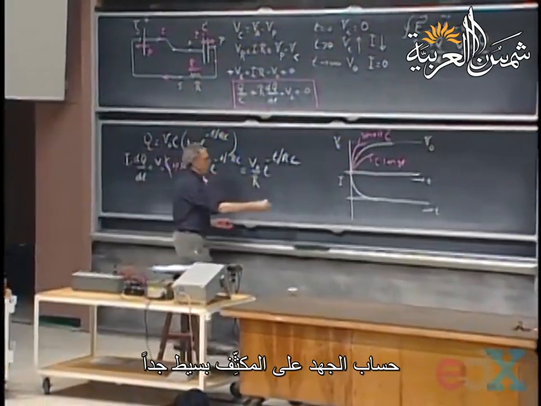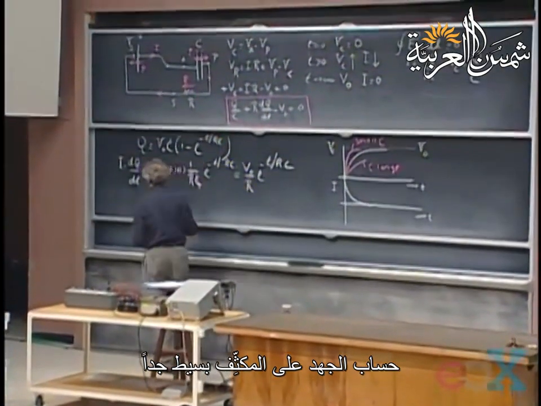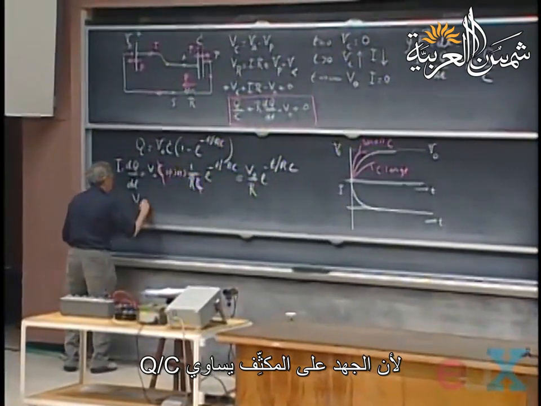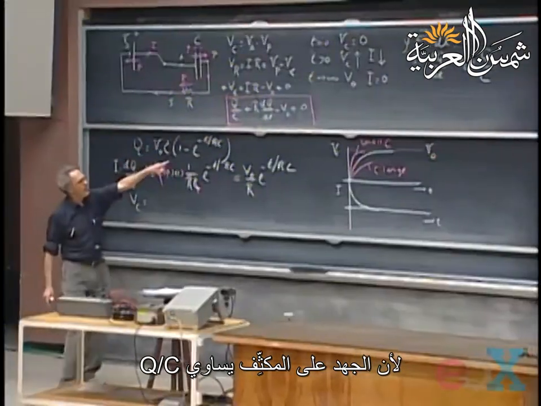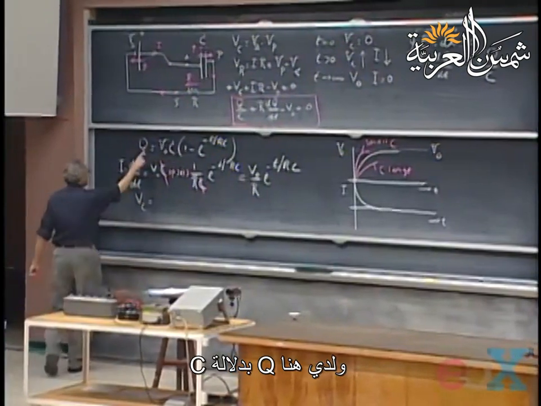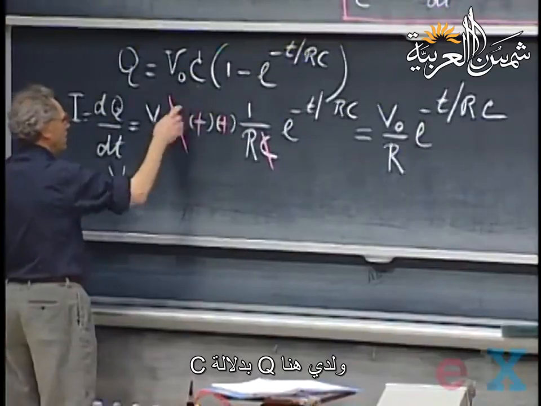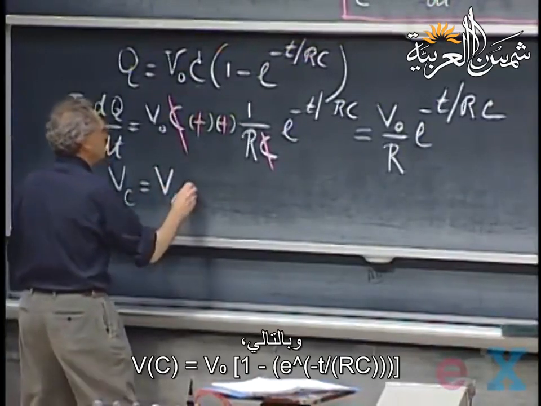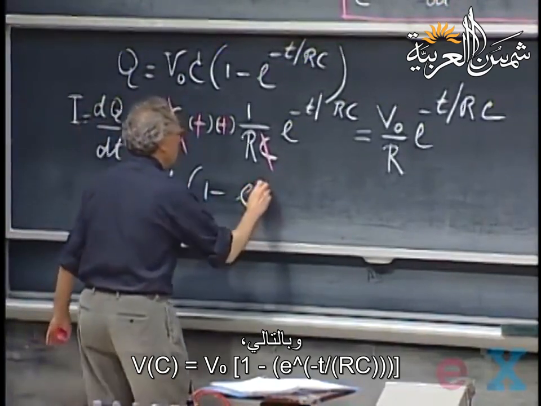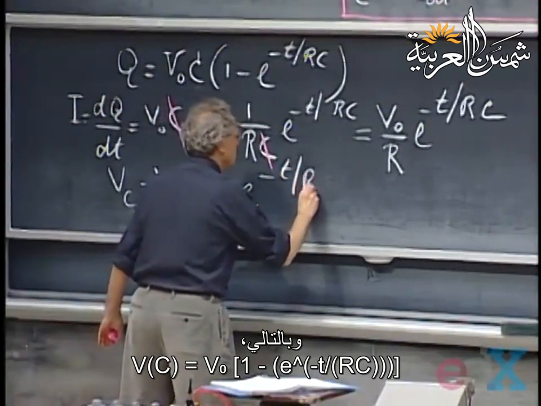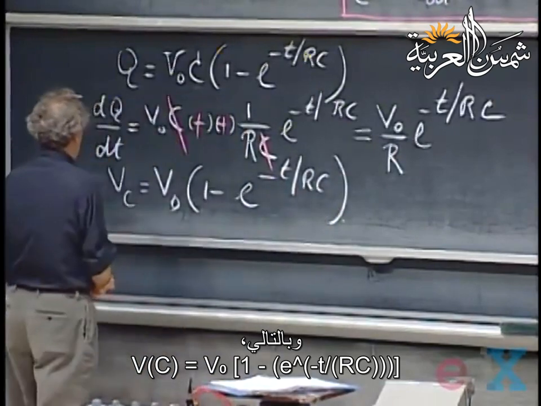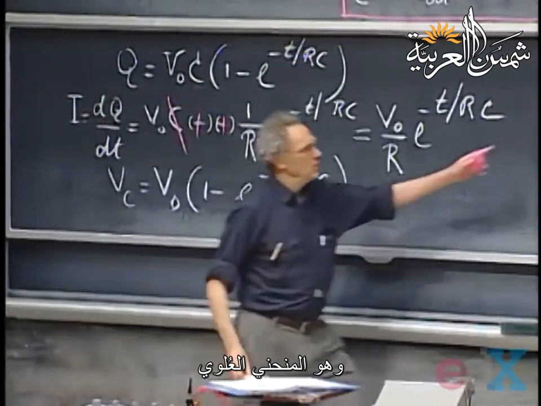And the potential over the capacitor is now very simple, because the potential over the capacitor is Q divided by C. And I already have Q here, so I simply have to divide this C out. So I get V0 times 1 minus e to the minus t over RC. And so that is the upper curve.